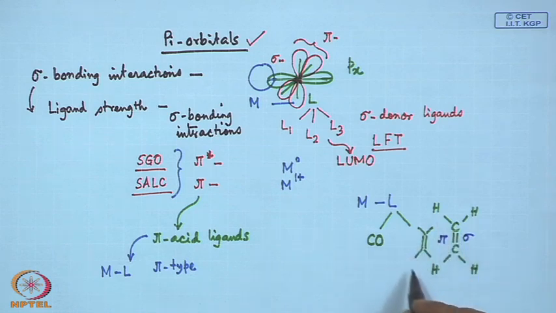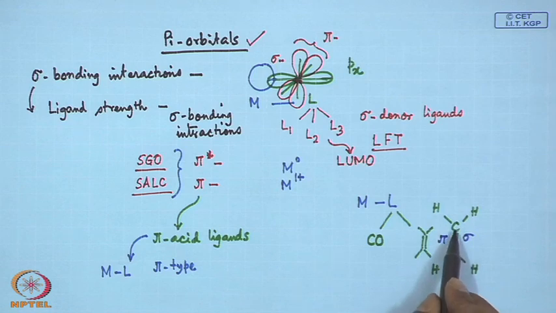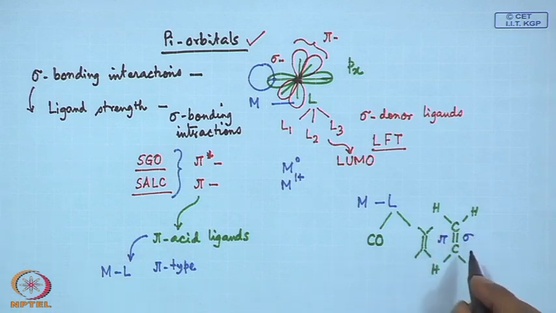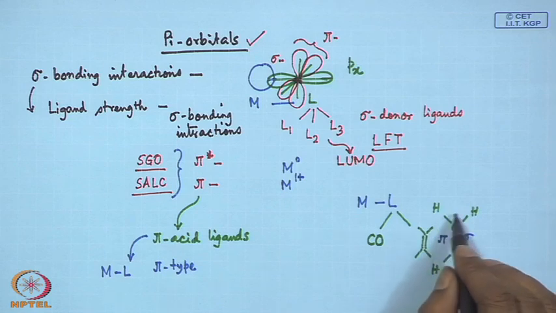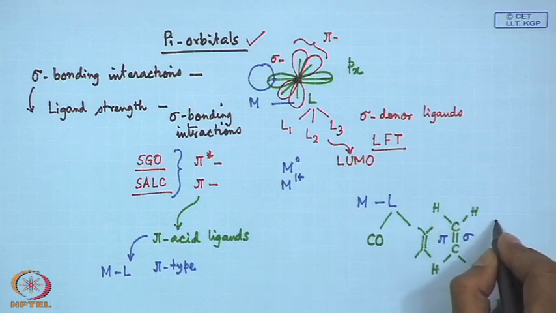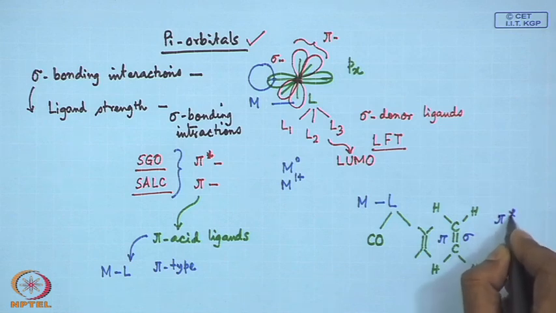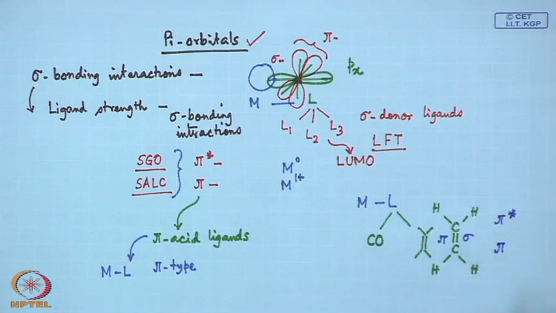In this fashion, not only the shape and size of these orbitals, which can be defined as the available pi orbitals from the ligand side. If we have ethylene as our ligand, we can have two pi type orbitals already present in the molecular orbital picture of the ethylene molecule, the pi star and the pi orbitals.